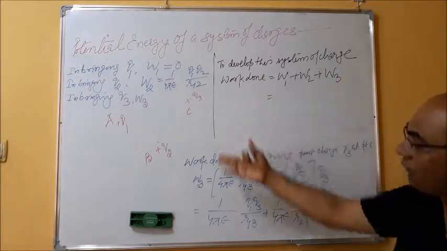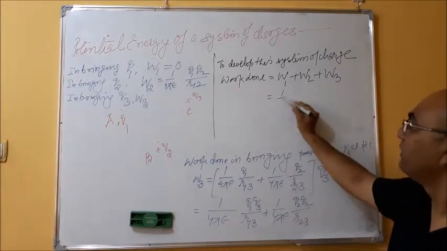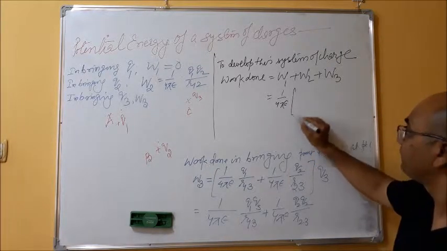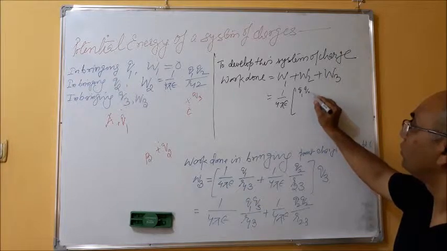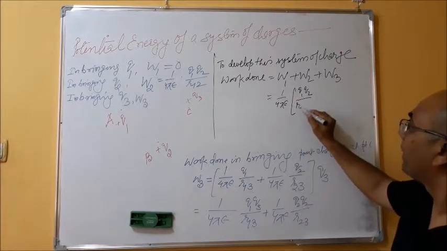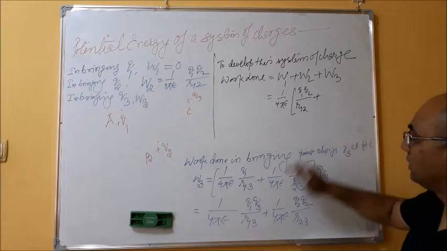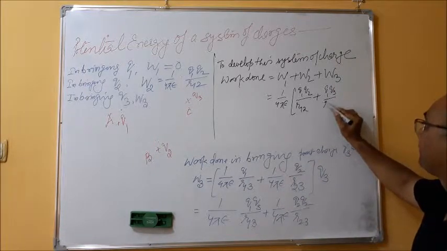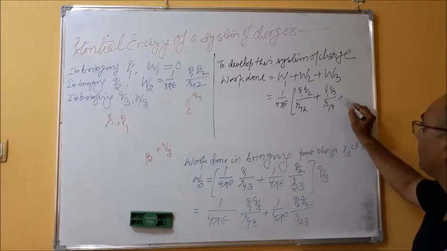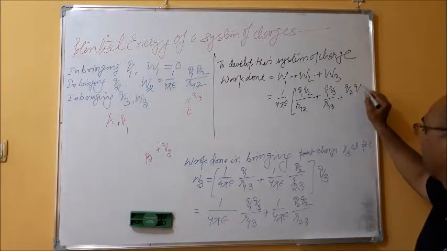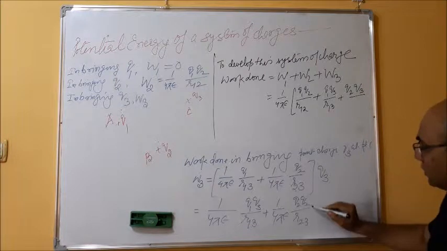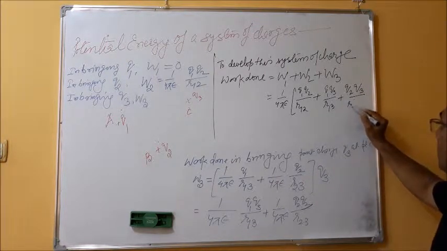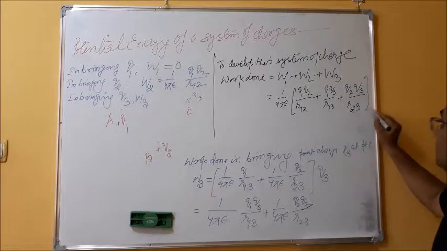When you put the values of W1, W2, W3, what you will get? 1 upon 4 pi epsilon Q1 Q2 upon R12 plus Q1 into Q3 upon R13 plus Q2 into Q3 upon R23, right?